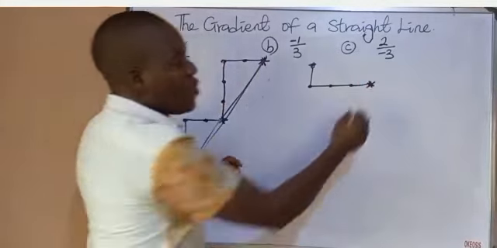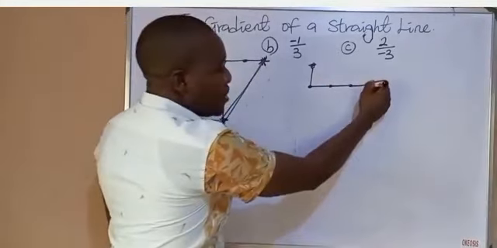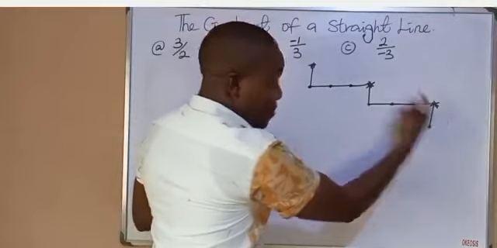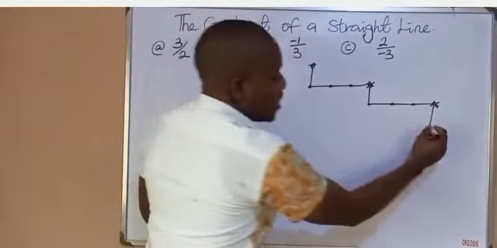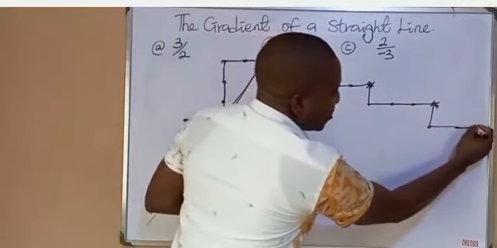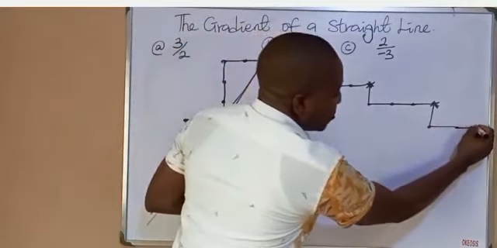So from there, it will fall again by 1 in the y direction, and then run again by 3, 1, 2, 3. The next point will be here. It will fall again by 1 in the y direction, and then run again by 3, 1, 2, 3. So you see that we can join the line.